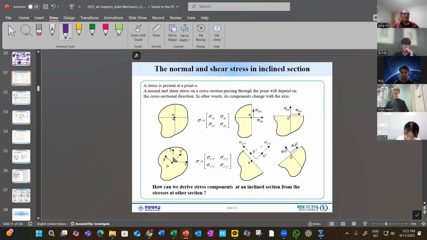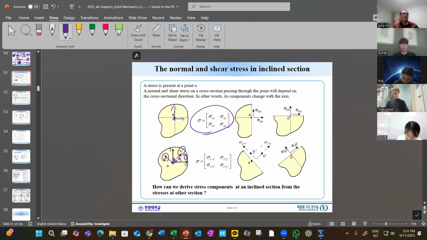Here we have a stress like this. Now here is the same point, okay, the same point but a different axis. See, xy is here, but now we have an inclined surface, an inclined coordinate system, which is rotated by theta from xy.